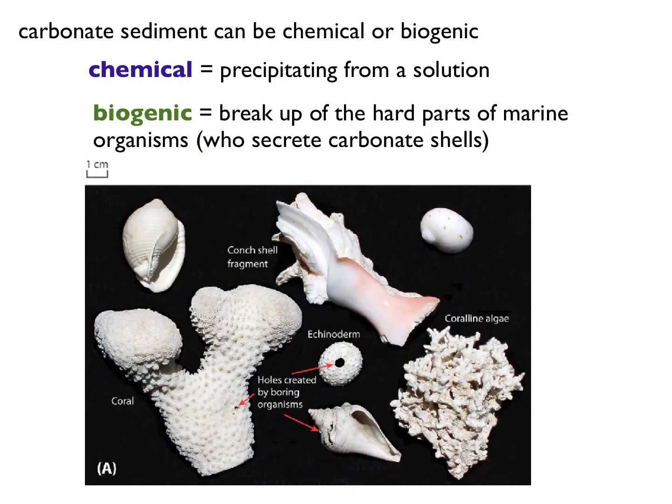Carbonate sediment, whether it be calcite, aragonite, dolomite, any of those carbonates that we just discussed, can be classified as either chemical or biogenic. If it's chemical, that means it precipitates directly from a solution. So you've got water in an ocean of some kind, and it's got a whole bunch of dissolved ions in it.